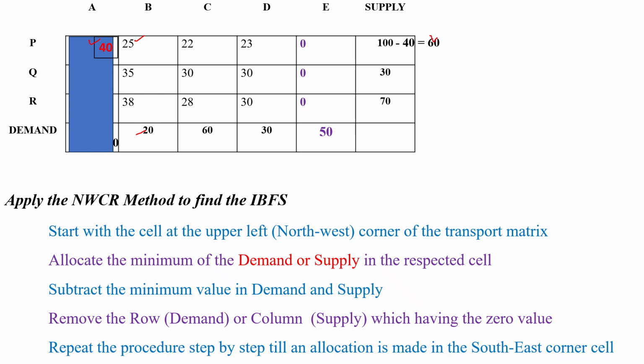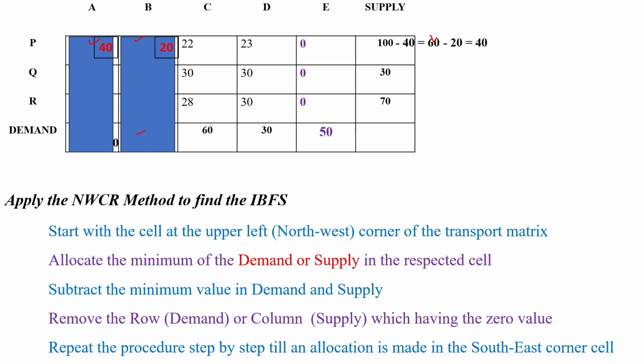So among 20 and 60, minimum is 20. So allocate 20 in this cell. Next, subtract this 20 from the supply as well as the demand. That is, supply will become 60 minus 20 equal to 40, and demand will become 20 minus 20 equal to 0. Next we have to remove the column B because its demand is 0.